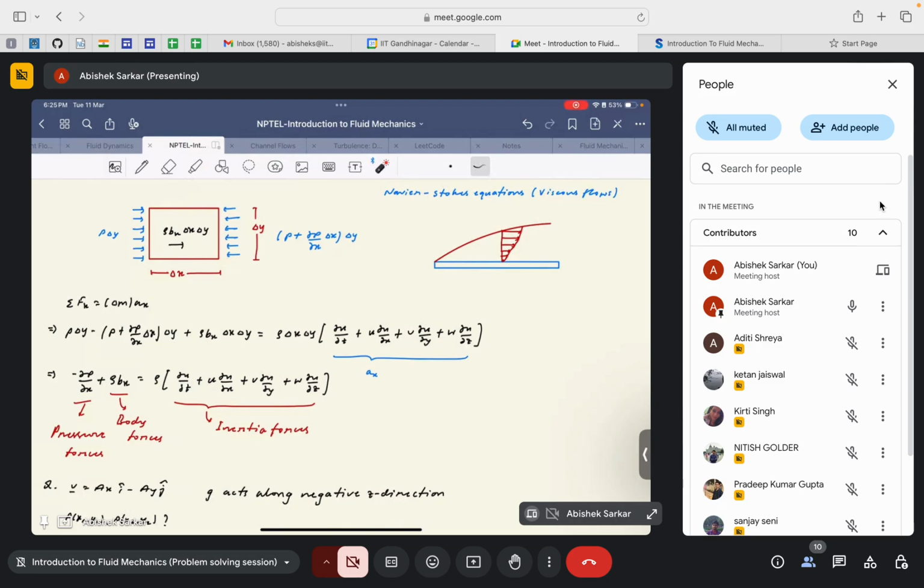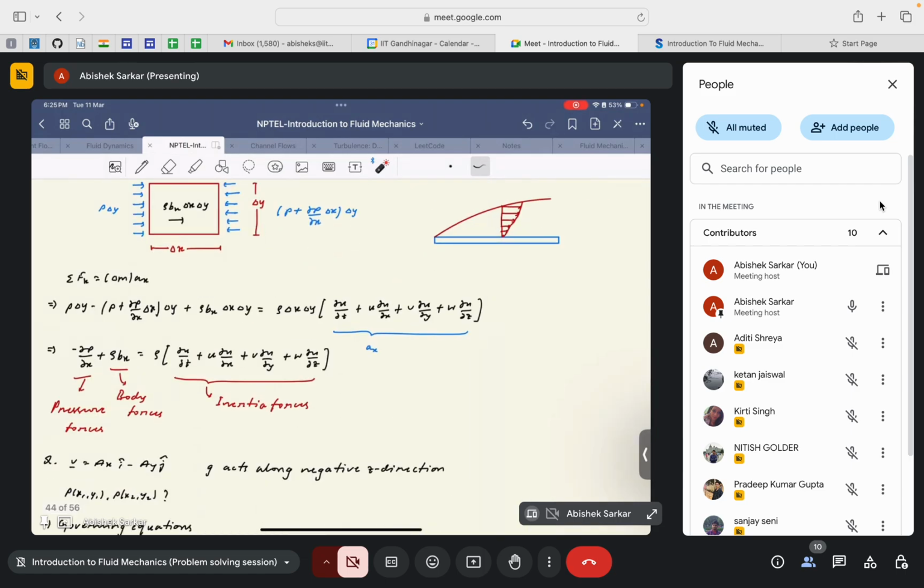Doing the force balance along the x direction, the summation of Fx is equal to delta m into ax. For this fluid element, we will have P into delta y minus P plus dou P by dou x into delta x, into delta y, plus rho bx into delta x into delta y, equal to delta m into ax, where ax is the expression we have thoroughly discussed in fluid kinematics, the x component of the acceleration.